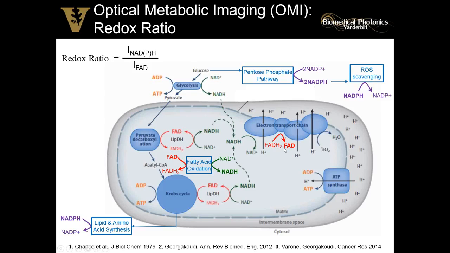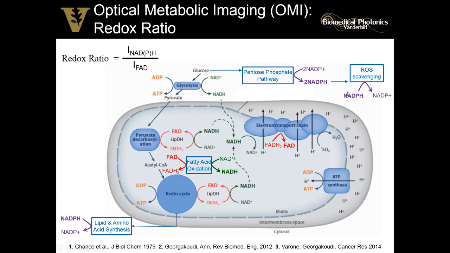We also have NADPH, which spectrally, and in its lifetime, also overlaps with that of NADH. So we are also sensitive to things like lipid and amino acid synthesis and reactive oxygen species scavenging, reactions in which NADPH is involved.